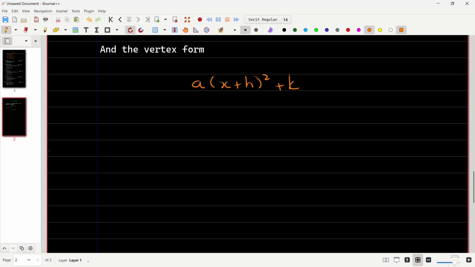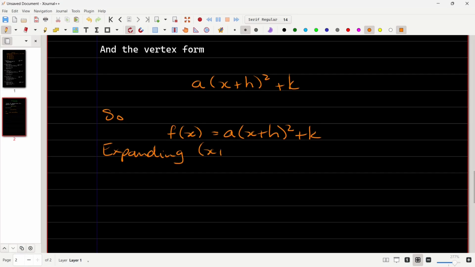All right, so that means that if I have a function f of x equal to a into (x plus h) squared plus k, and I am expanding that, expanding (x plus h) squared, I would get that f of x would be equal to a into (x squared plus 2hx plus h squared) plus k.